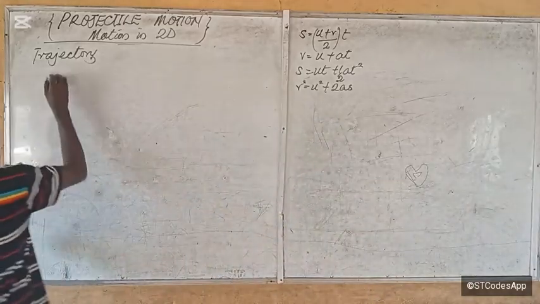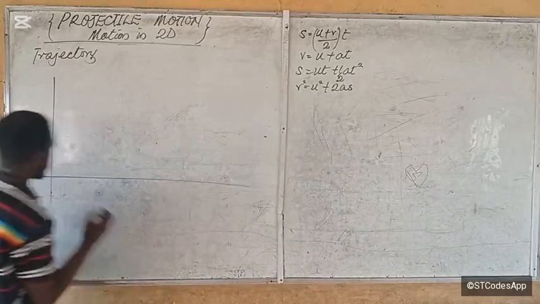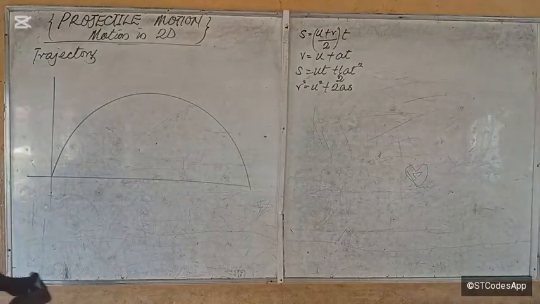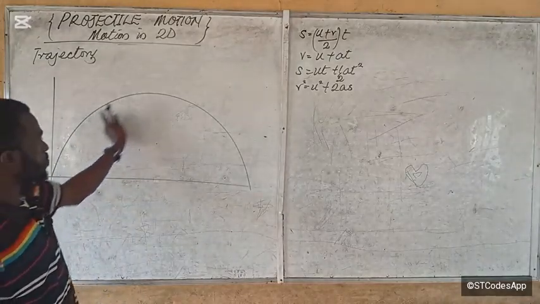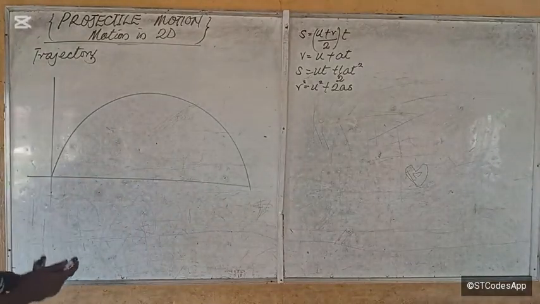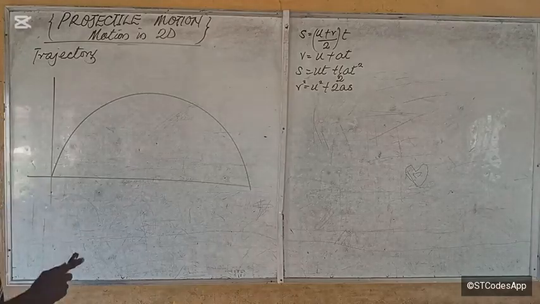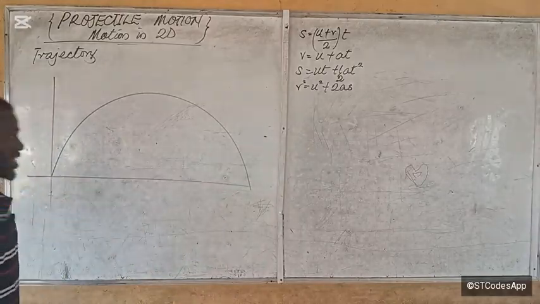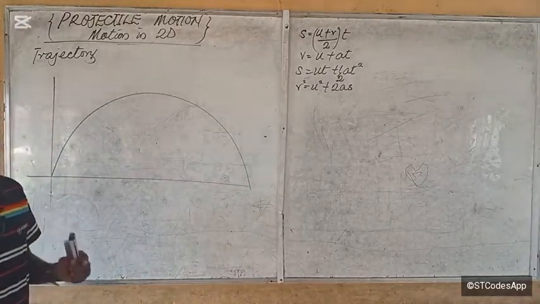Now, how do we analyze projectile motion? In the two-dimensional plane, the body is going to move like this and then come down like this, so you're going to see that it is moving along a parabola. What that means is that the body is not exactly moving upward and is not just moving rightwards. It is doing both at the same time.